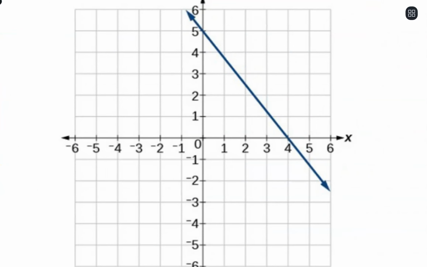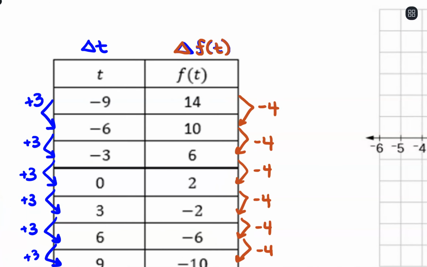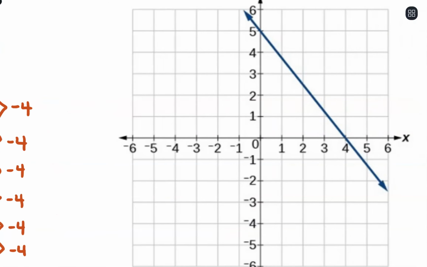All right, with a graph, all we need are 2 coordinates. Because really we could have done that with a table, just focusing on 2 coordinates. But as you see, I went across this whole table just to emphasize this idea of a constant rate of change, like it's always -4/3 no matter where we are.